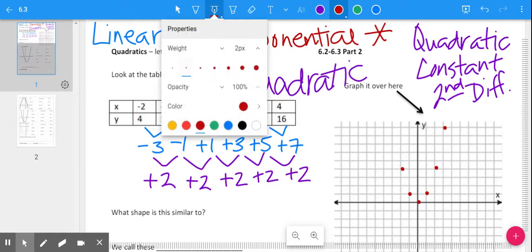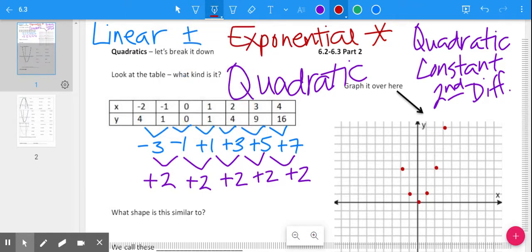So when you trace these dots to make our function, our line on this graph, you want to make sure that it is shaped like a U and not like a V, because that is a quadratic function. A V is an absolute value function, so if you make yours kind of V-shaped, you're not graphing the right type of function.